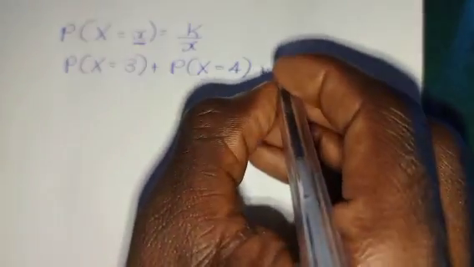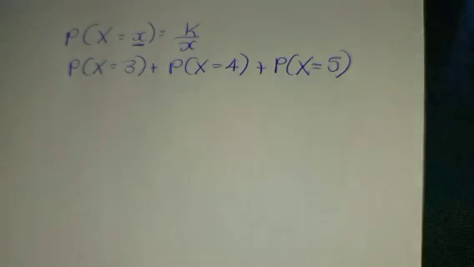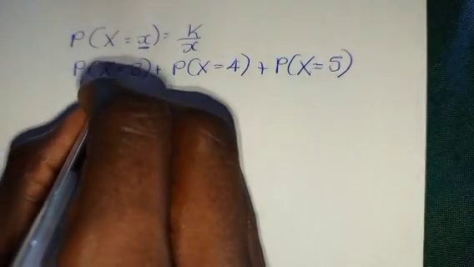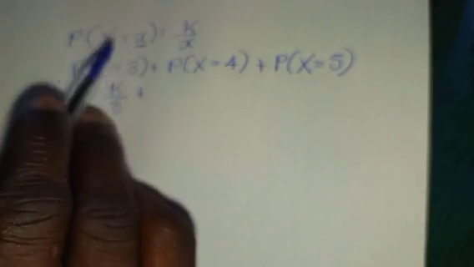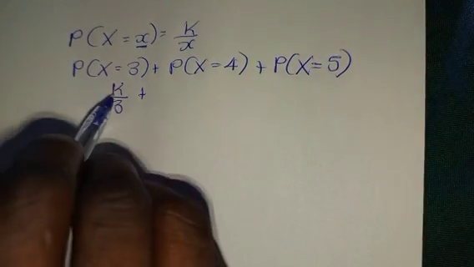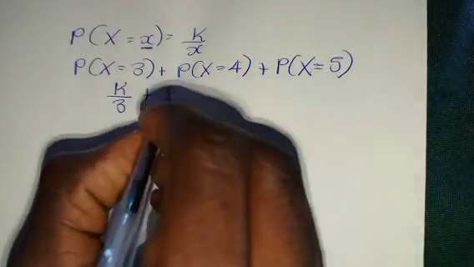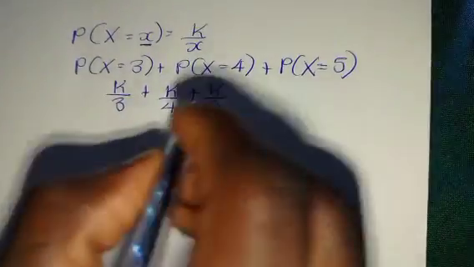So we are having the probability of x is equal to 3 plus the probability of x is equal to 4 plus the probability of x is equal to 5. Then having done this, we have k over 3 plus, remember, this now is equal to what we are having on top. Since they are the same, then we'll have k over 3 plus k over 4 plus k over 5.